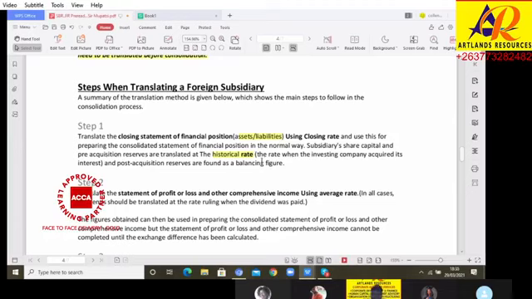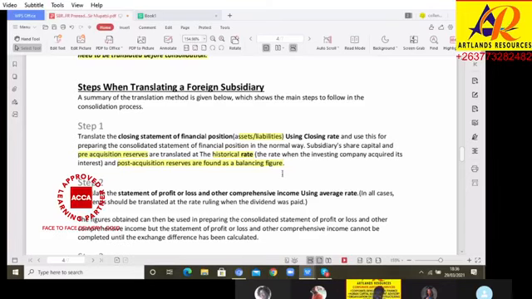It's called historical rate. That is the rate you use to translate share capital of the subsidiary and pre-acquisition reserves, not post-acquisition. And then post-acquisition reserves are not translated, rather they are found as a balancing figure.